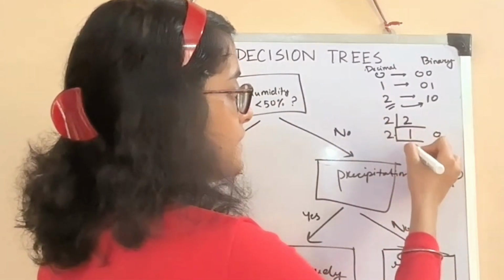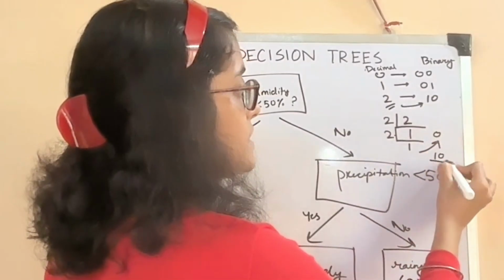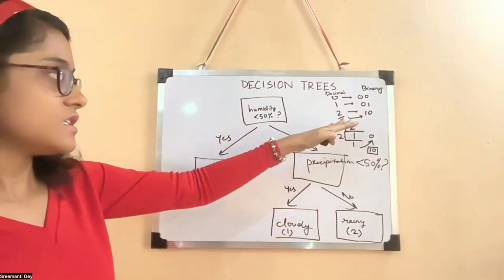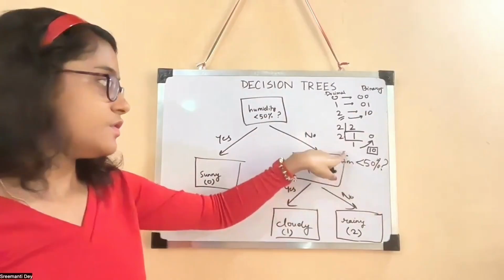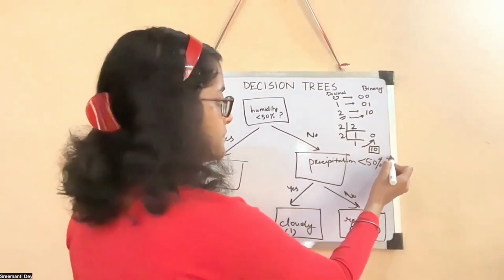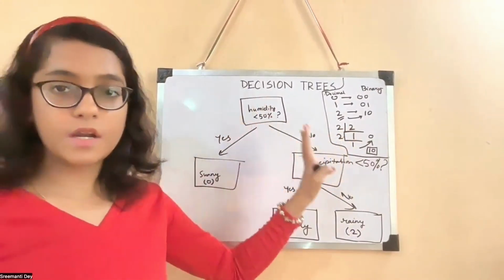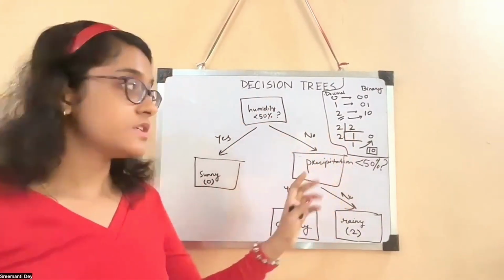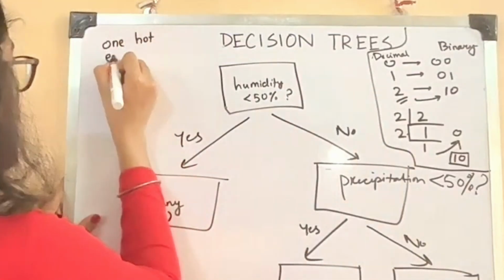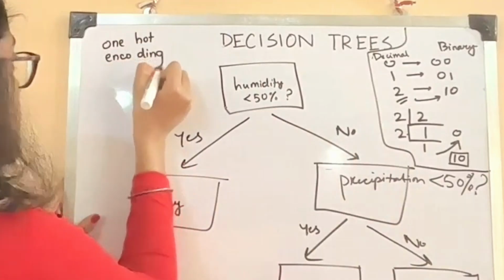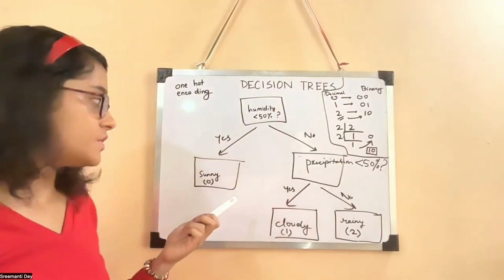Again, we divide and get the remainder as 1. So 1, 0 is our final answer. Regardless of the number, you take the remainders together in reverse order and you have the binary representation. This is the one-hot encoding we are talking about here. Let me just write that down: one-hot encoding. Great, now we have this out of the way.